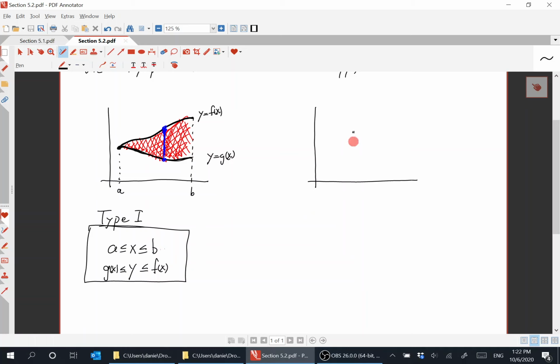The other type of region is the opposite, where y is bounded by constants and x is bounded by functions. So something like this.